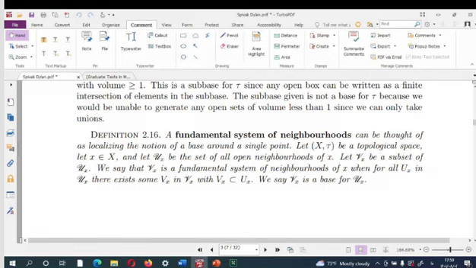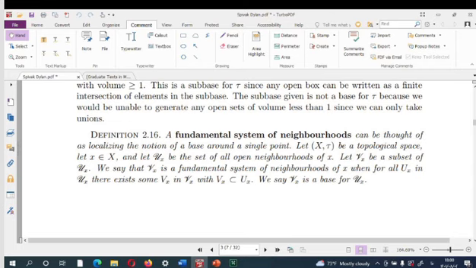Let V_x be a subset of U_x. We say that V_x is a fundamental system of neighborhoods of x when for all U_x in U_x, there exists some element of V_x with this property, and we say V_x is a base for this U_x.